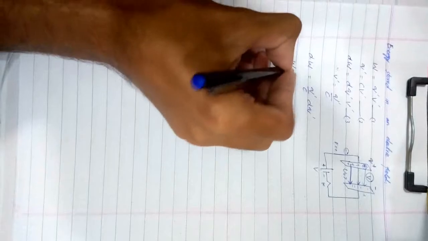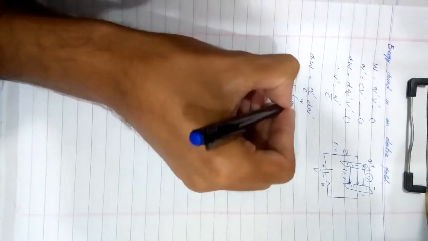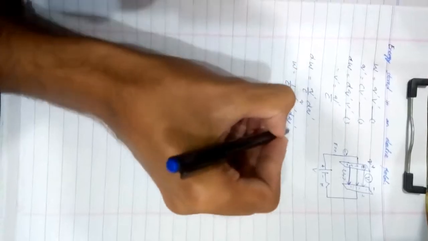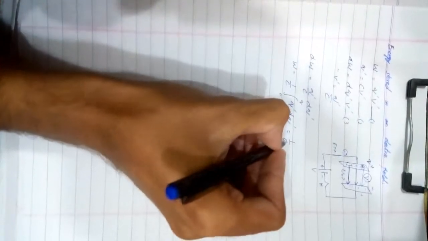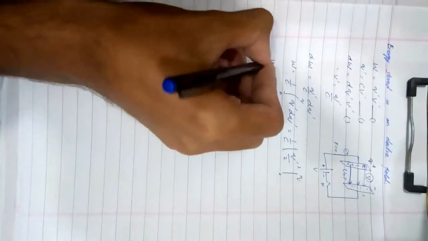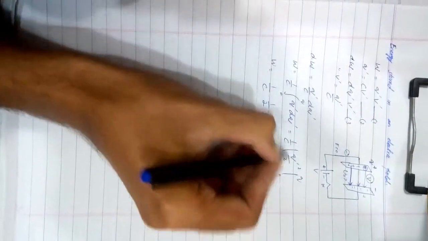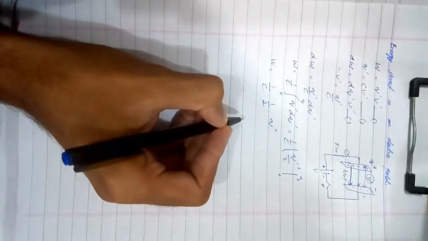As we have to introduce a charge Q on the plates, we will integrate here, and the total work done, which is W, can be given as the integral from 0 to Q of Q prime over C dQ prime. By integrating, we have 1 over C into Q prime square divided by 2, with limits 0 to Q. By putting in the values, we have 1 over C into 1 over 2 Q square.